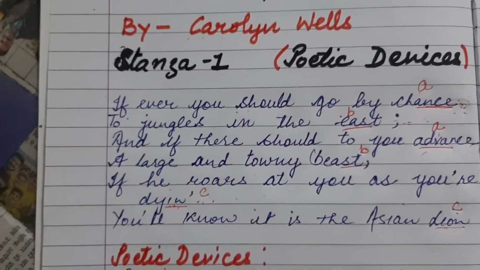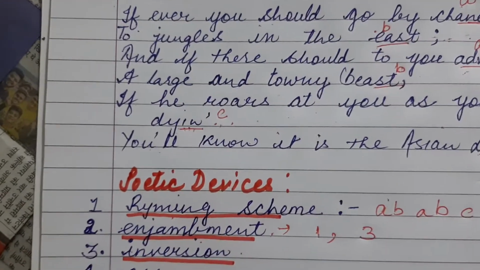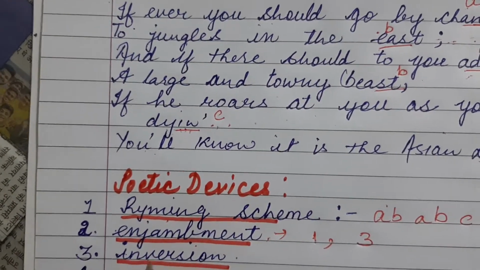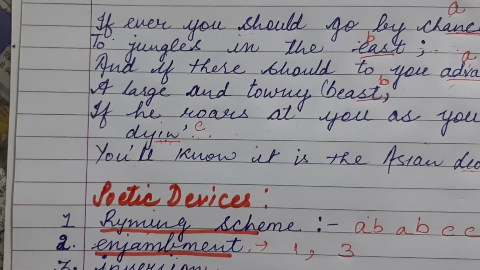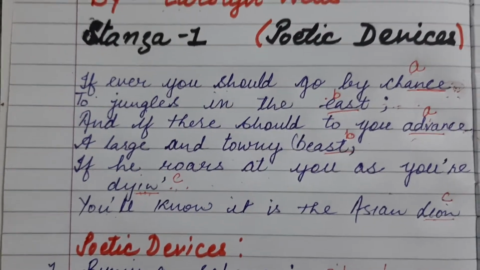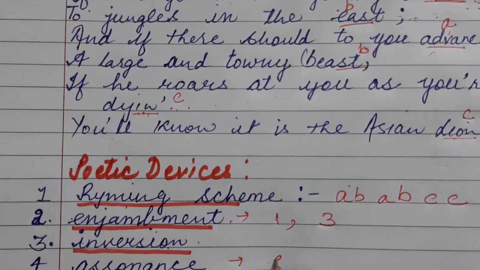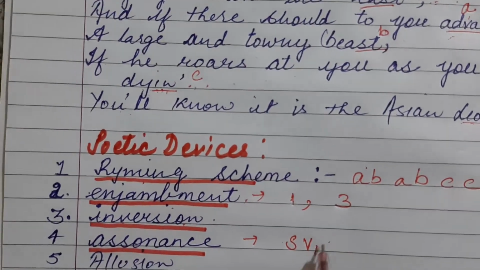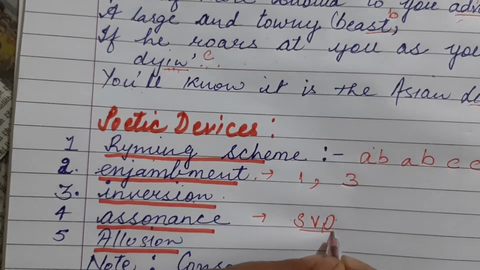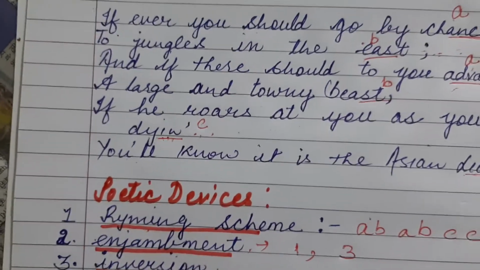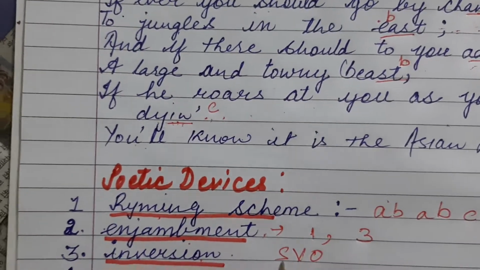Right? So the next poetic device that we are going to discuss is inversion. Now what is inversion? Inversion is like when we write sentences in English, we use the SVO structure, right? SVO means subject, verb, object.